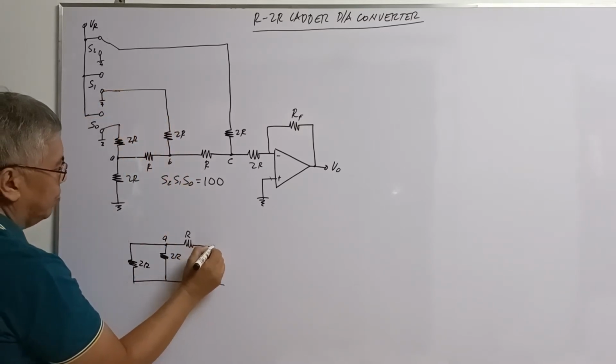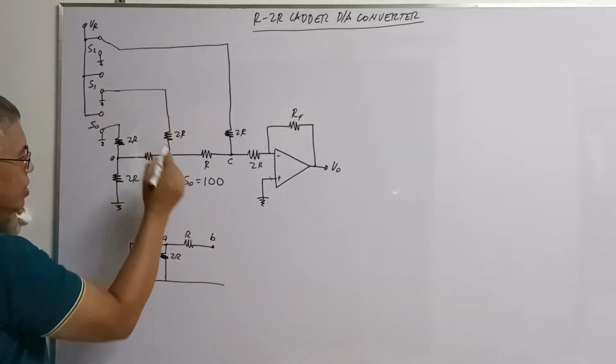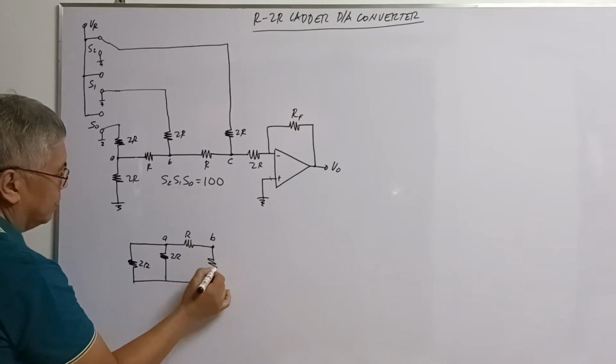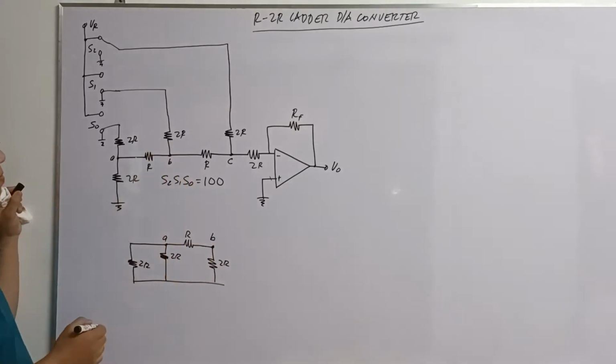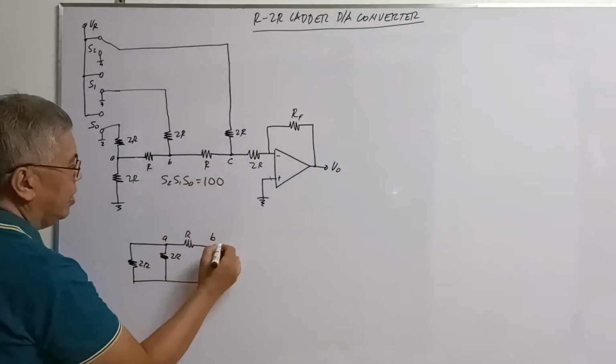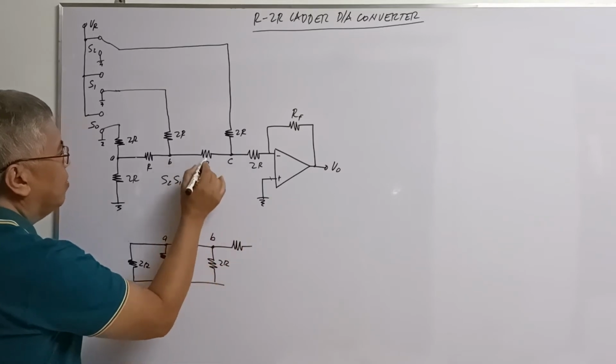So you have here point B, then a resistor connected to the ground, and this is again your 2R. Then your R here again, and from B, you have R.